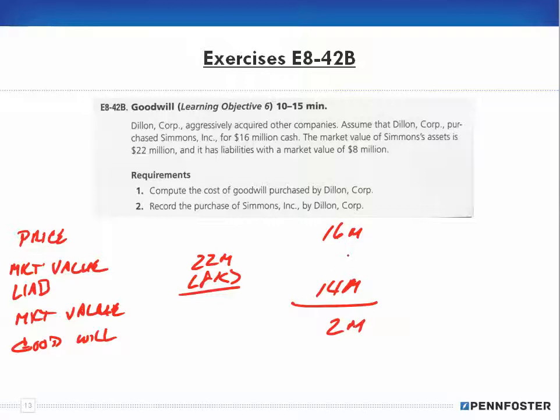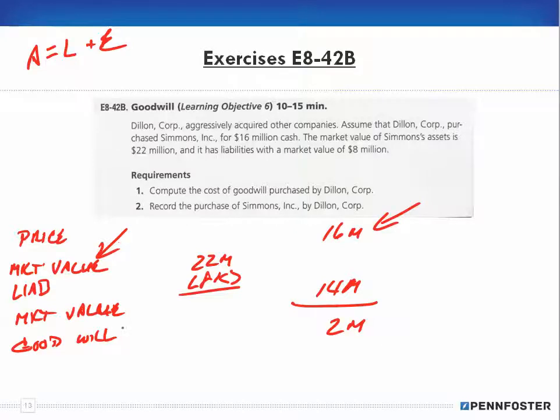Okay. So I'm just going to quickly go over it again and point out that here's the price that's paid, right? And you have to then look at the business in and of itself and say, okay, what is the value of the business? Remember, assets is equal to liabilities plus equity. So we're saying the market value, which is an estimate.